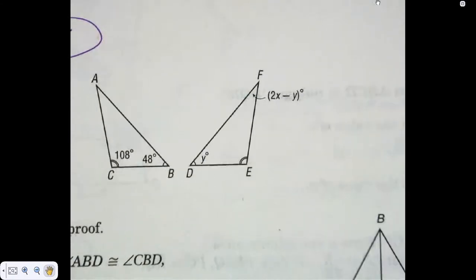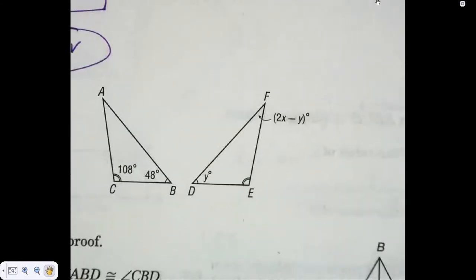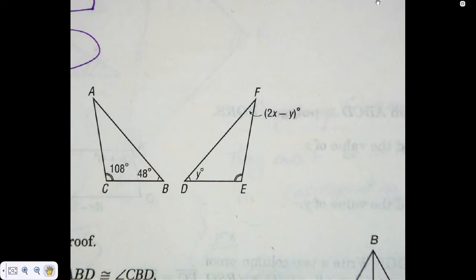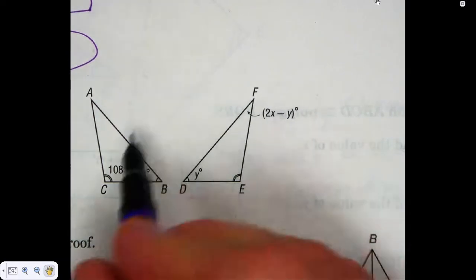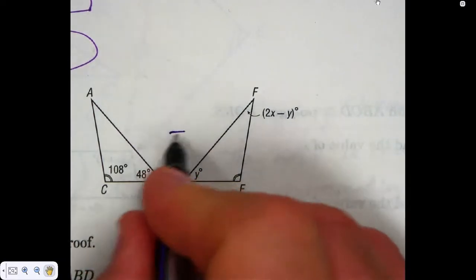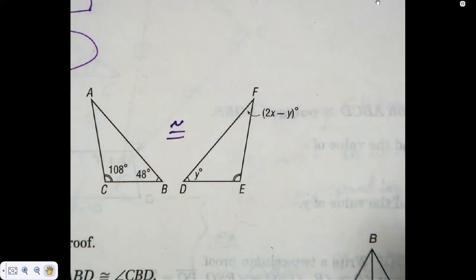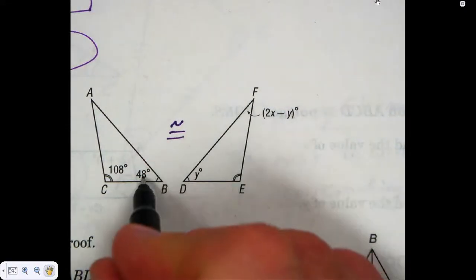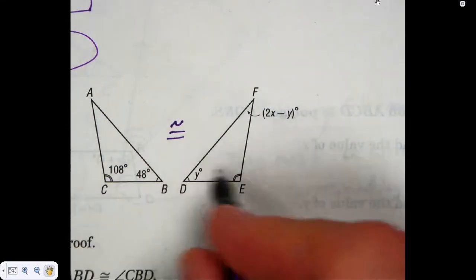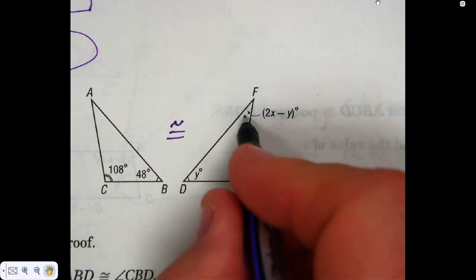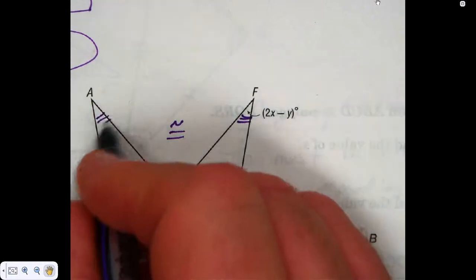Now, here it says find the value of x and find the value of y. And they tell us that these two triangles are congruent. So this is congruent to that.